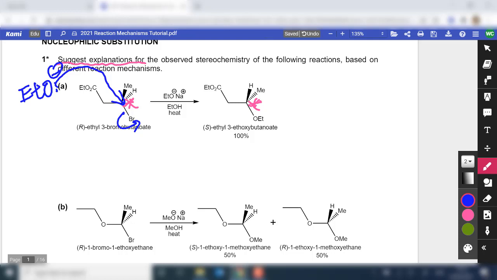Once it approaches from the rear, all you need to do is repeat the structure. Just repeat the particular structure. Then you might be aware that this is being pushed down because it's a rear attack, and then your OEt is now pointing up.